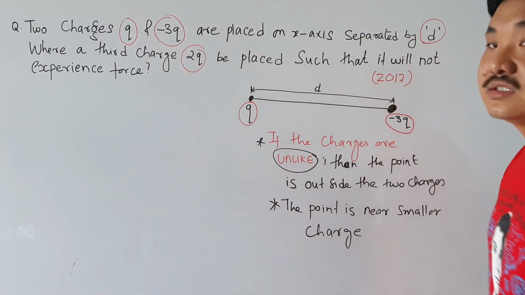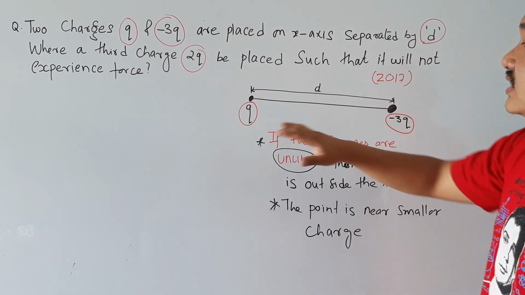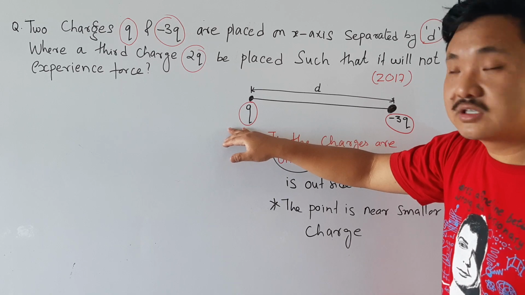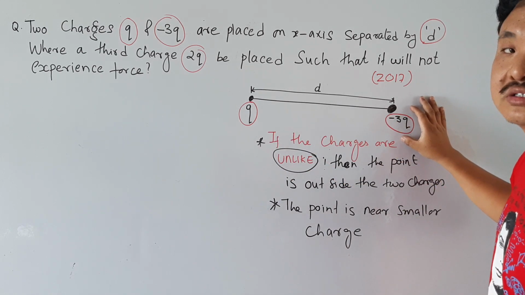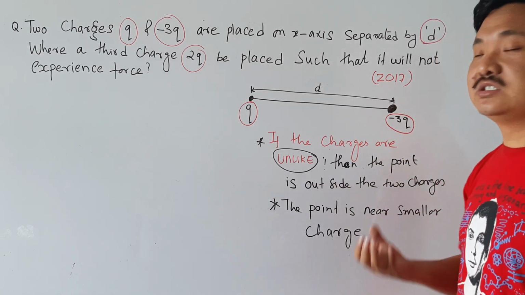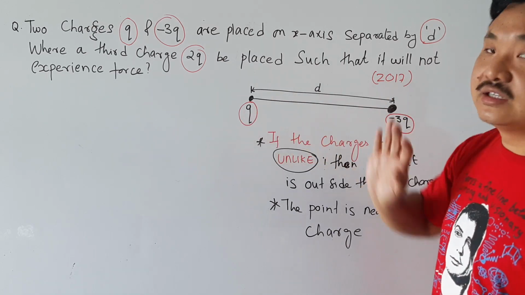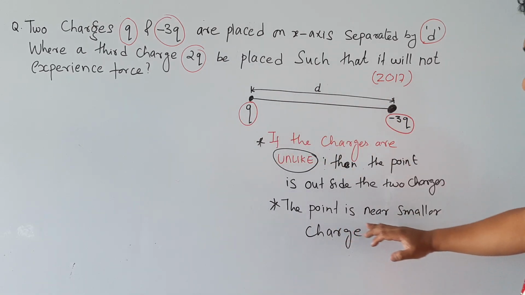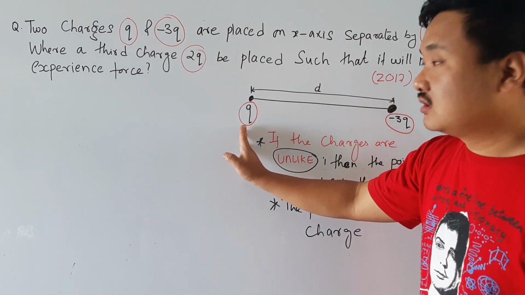Now, which one is the smaller charge? This is positive Q, this is minus 3Q, and this one is my smaller charge. Please do not think that because this is negative, it is a smaller charge. Negative just means it is a negative charge, it is not smaller. The number is 3, so this one is big and this one is smaller. So the point should be near the smaller charge.